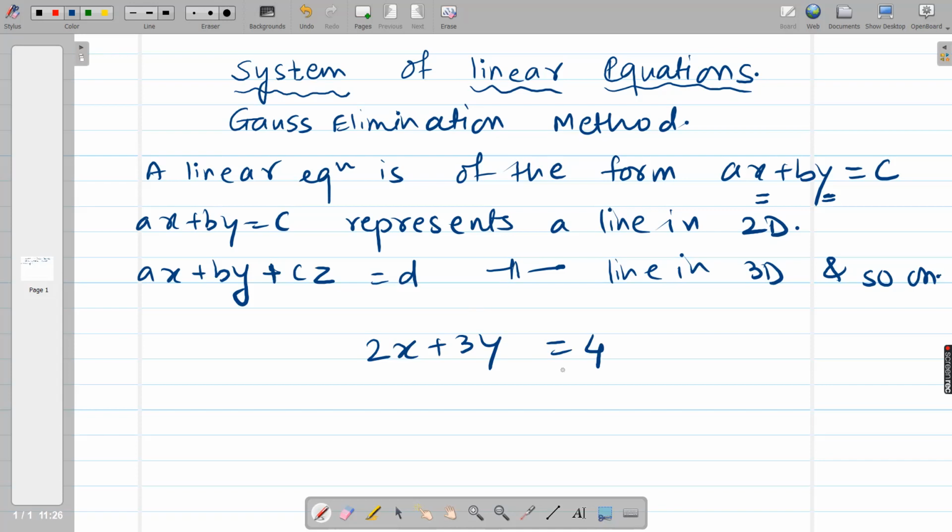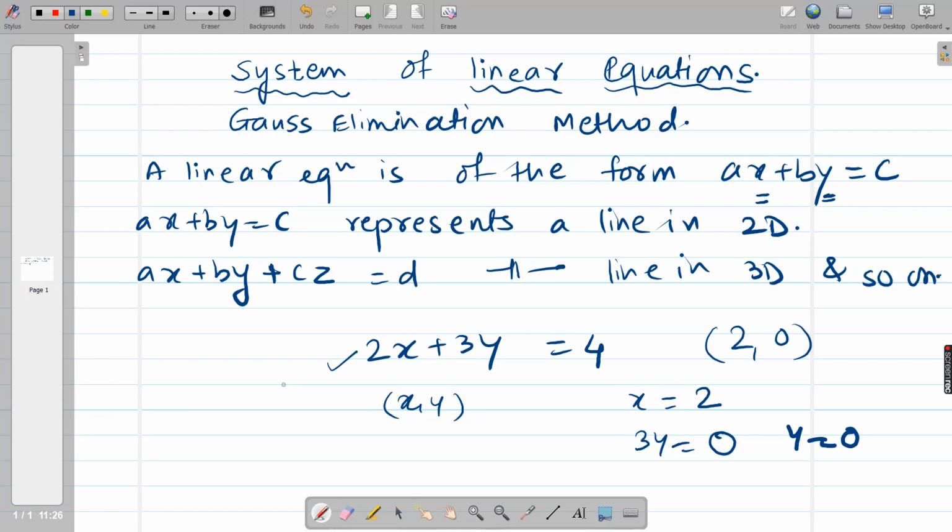The solution means all those xy points which satisfy this equation. For example, if I put x is equal to 2, then my 3y would become 0 and y would become 0. So (2, 0) is one of the points that lies on this line. Likewise, we will get infinitely many points that lie on this line.